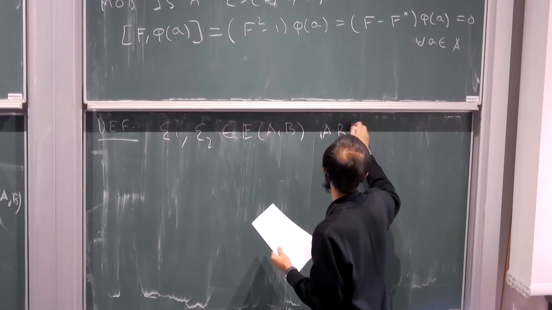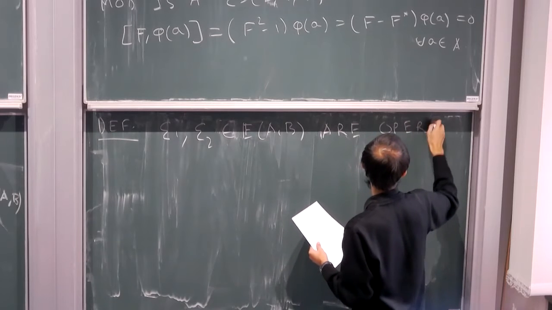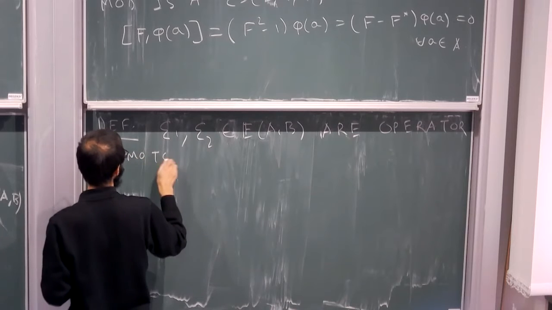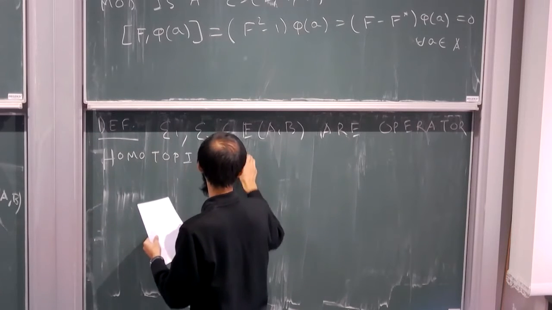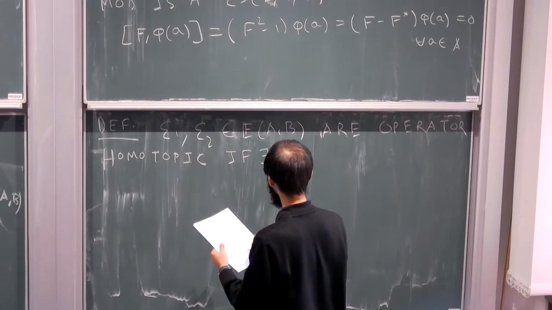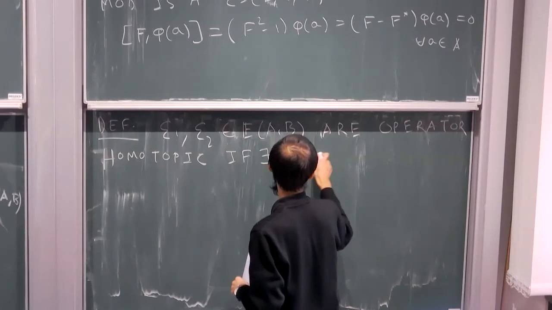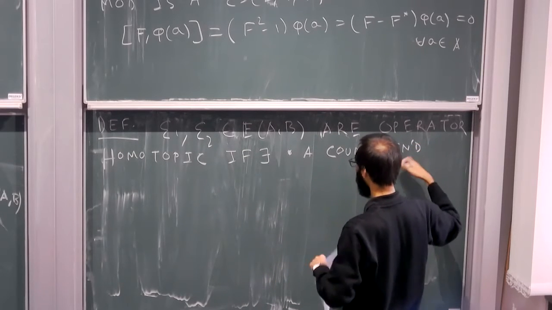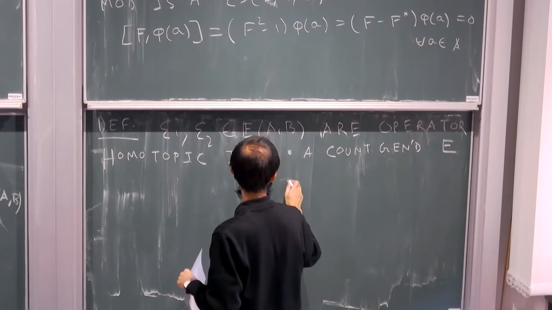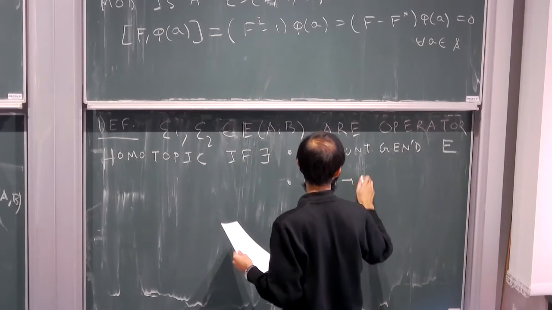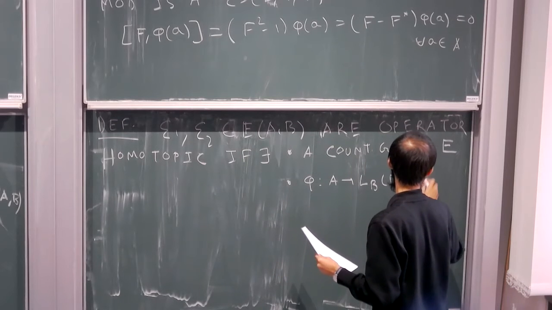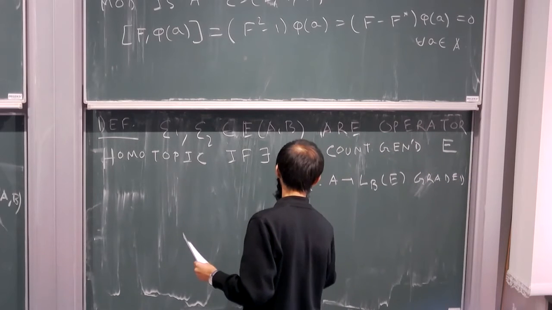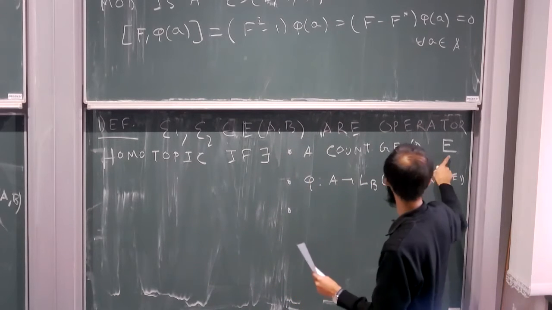Operator homotopic, if there exists a countably generated graded Hilbert module E, phi a graded homomorphism, and E is a B module, yeah.